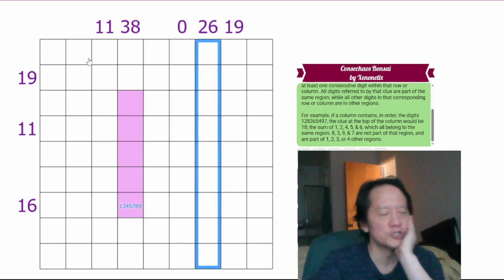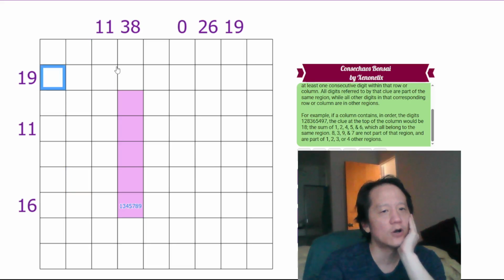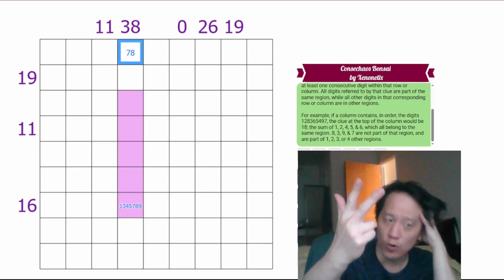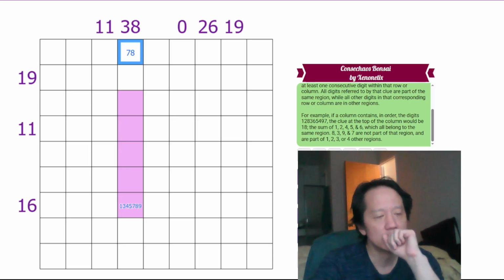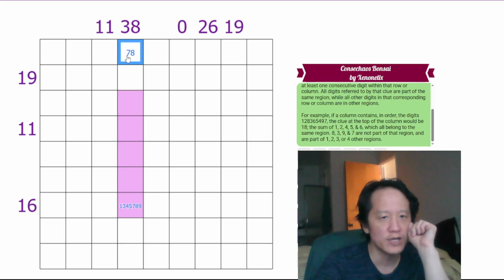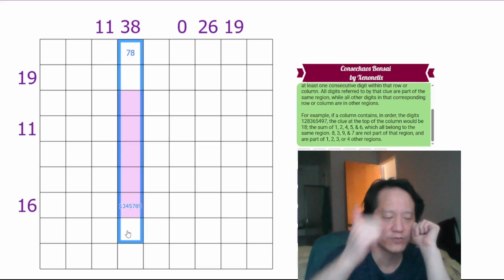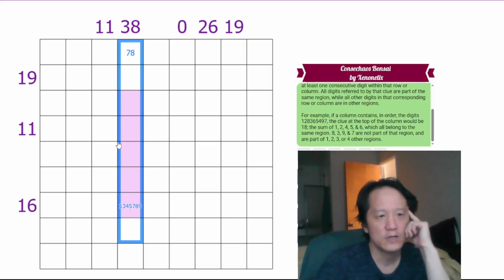That's actually a good question. How many digits are in each region? We know this is 7 or 8, because again, 1, 2, 4 being outside would mean 3 cannot be consecutive with any digit, right? 3 can only be consecutive with 2 or 4. That doesn't work.